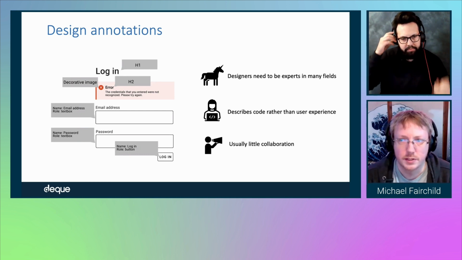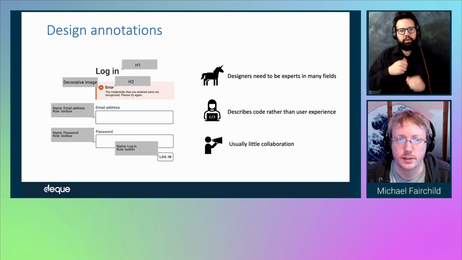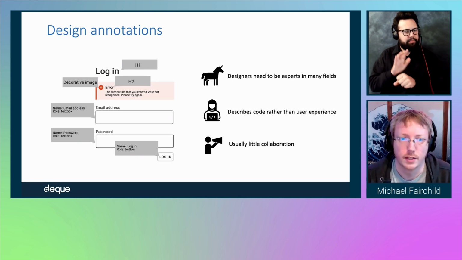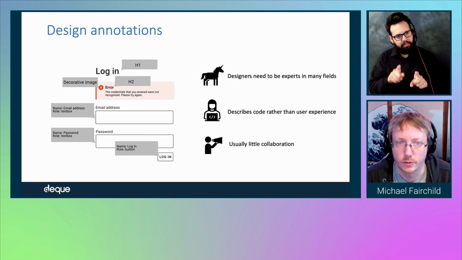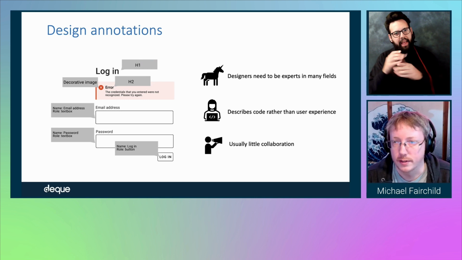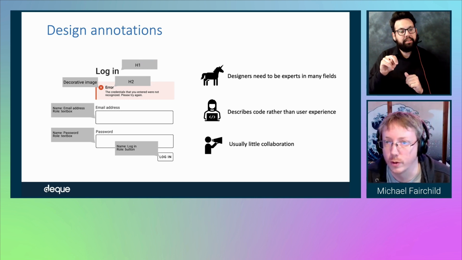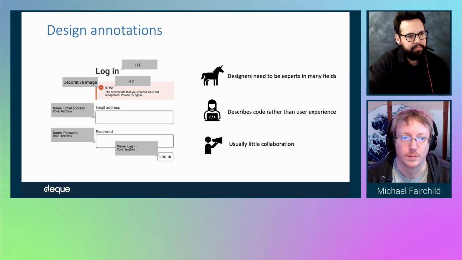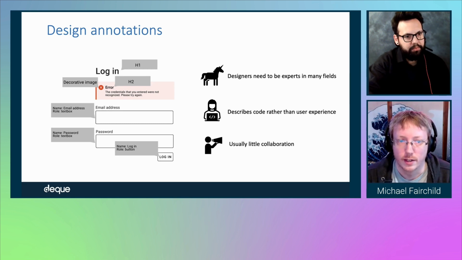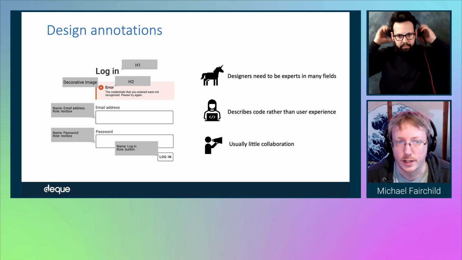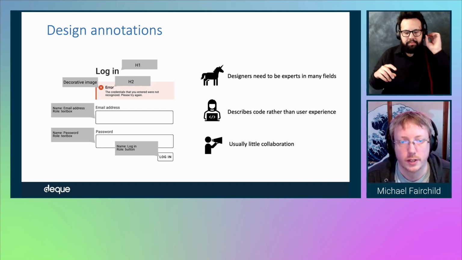For each of the distinct elements in this design, there's also an annotation attached to it. So for example, for the login heading, there's an annotation that says it should be an H1, or heading level 1. Next to the red X icon, next to the error message, there's an annotation that says it's a decorative image.